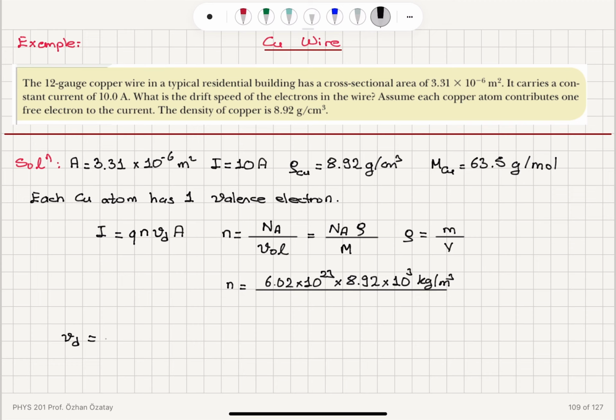Then I have molecular mass 63.5 times 10 to minus 3 kilograms per mole. So this will give me, you can see here, this will become 23, 26, and 10 to minus 3 goes upstairs, 10 to 29.